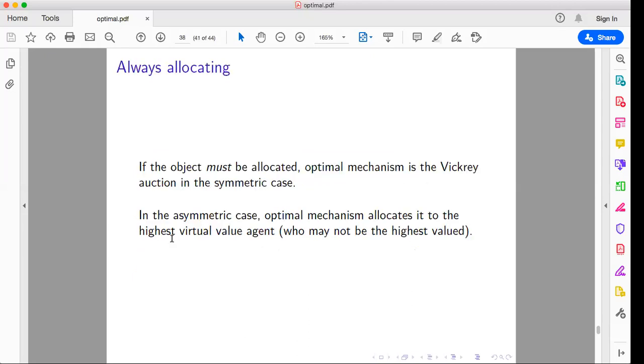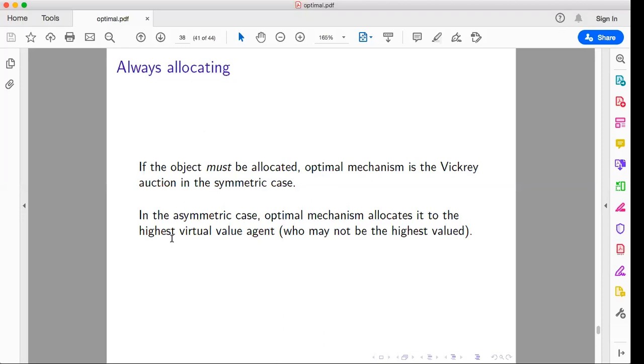So let me come back to my earlier point that if we are forced to allocate, like in many government cases, they will say that we want to maximize expected revenue, but we also never want to not allocate the object. So at least in the symmetric case, we know that the optimal mechanism is the Vickrey auction.